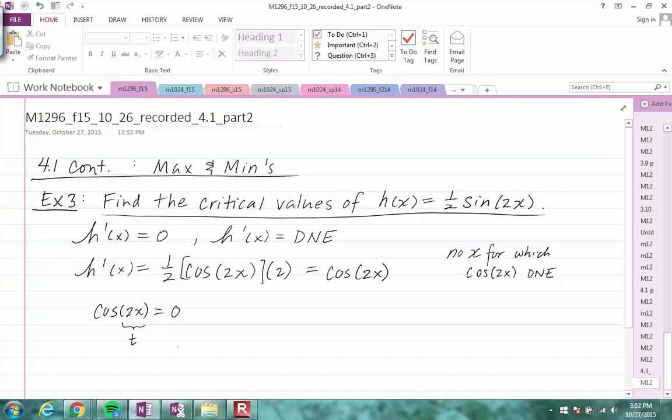There are different ways to do this, but the way I'm going to show you is, let's just say cosine of t is equal to 0 and figure out the solutions for that. And then we'll backtrack and say, well, actually t was equal to 2x. So we're just using a dummy variable here to make it a little bit simpler in the beginning.